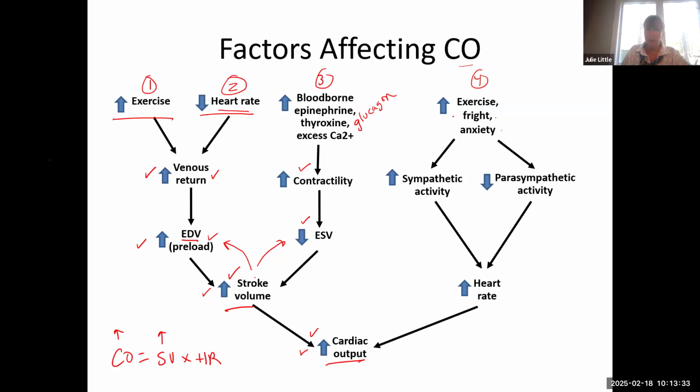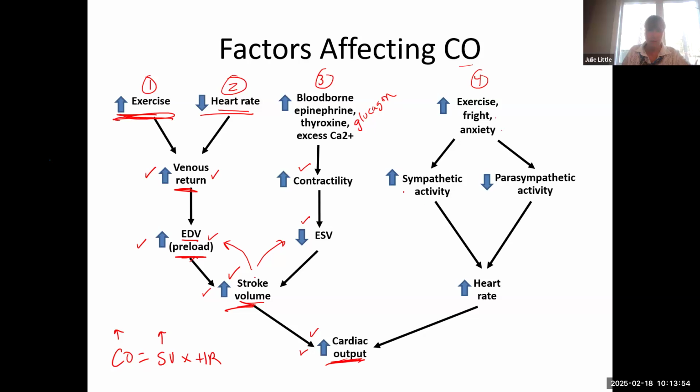And if we go over here with exercise, if we increase exercise, we already know it's going to increase venous return, aka preload. That increases stroke volume and cardiac output. But in this case, what we want to think of is how exercise and fright will increase sympathetic activity.